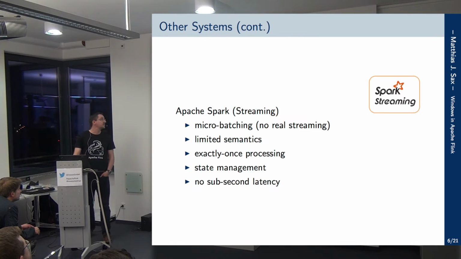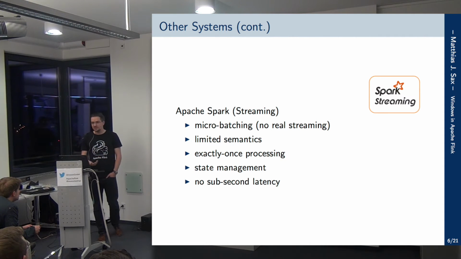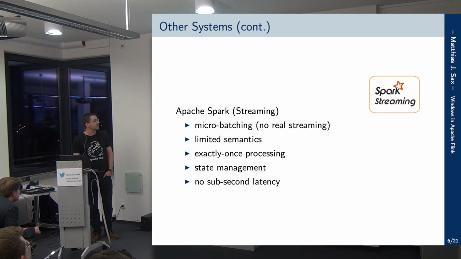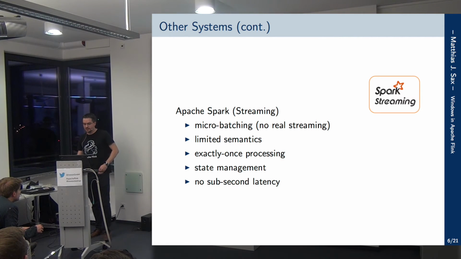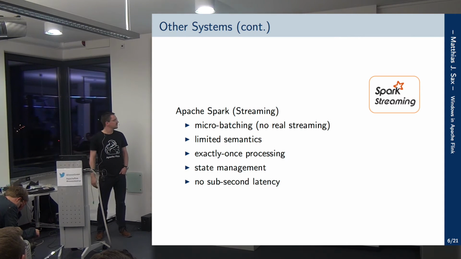And then, of course, there is Apache Spark, whose streaming is actually micro-batching. So it is not real streaming, as I mentioned already. And the most important thing here is, if you do micro-batching, you get limited semantics. In Flink, we have very rich windowing semantics that cannot be supported by Spark. And that's a big, big difference.